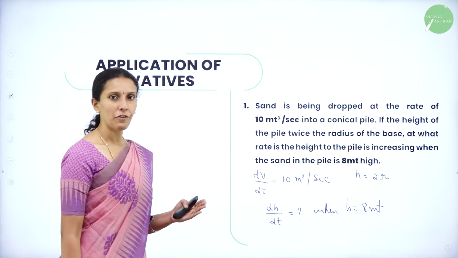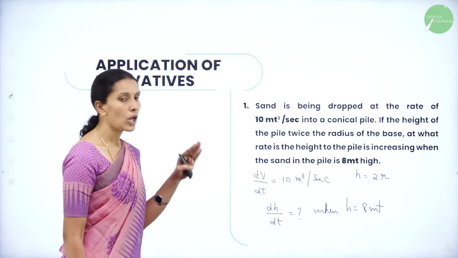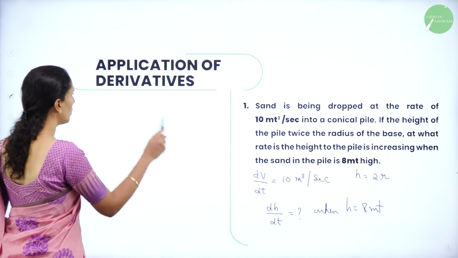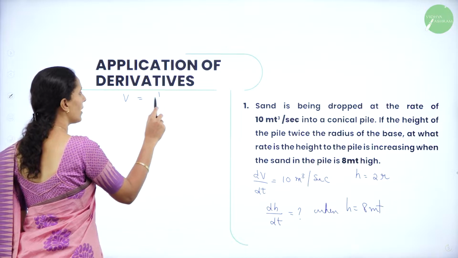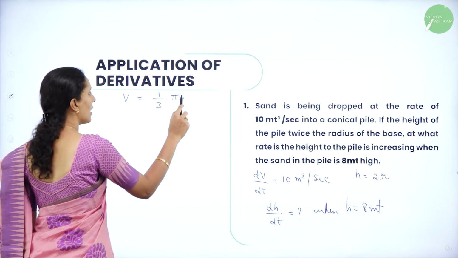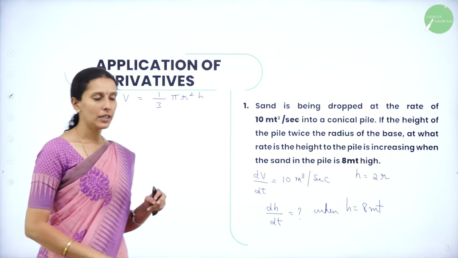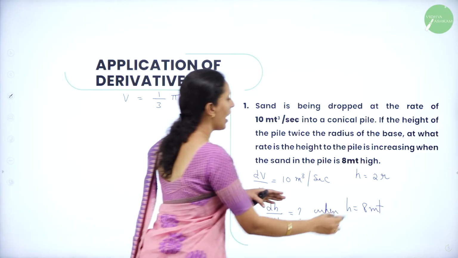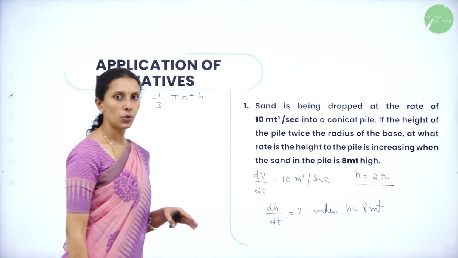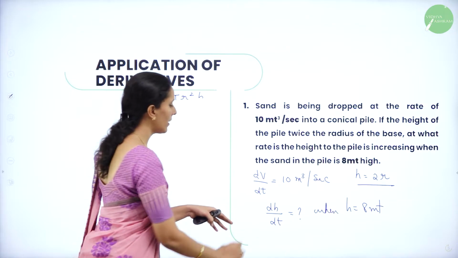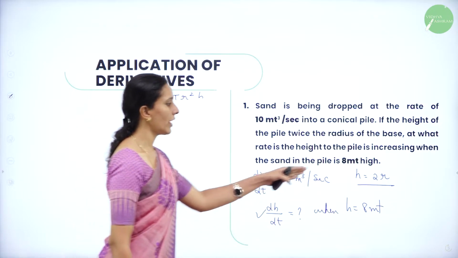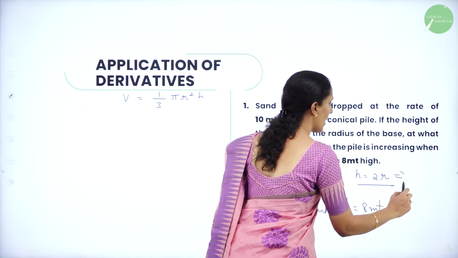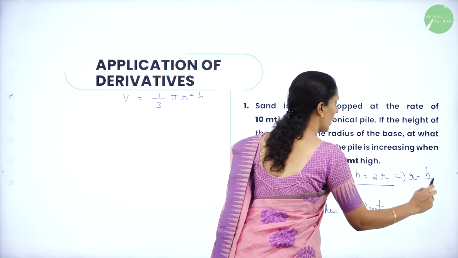So let's see the formula for the volume of a cone. What is the volume of a cone? V is equal to 1 by 3 pi r square h. So here we have h is equal to 2r, and we need to calculate dh by dt. So when h is equal to 2r, I can write r is equal to h by 2.